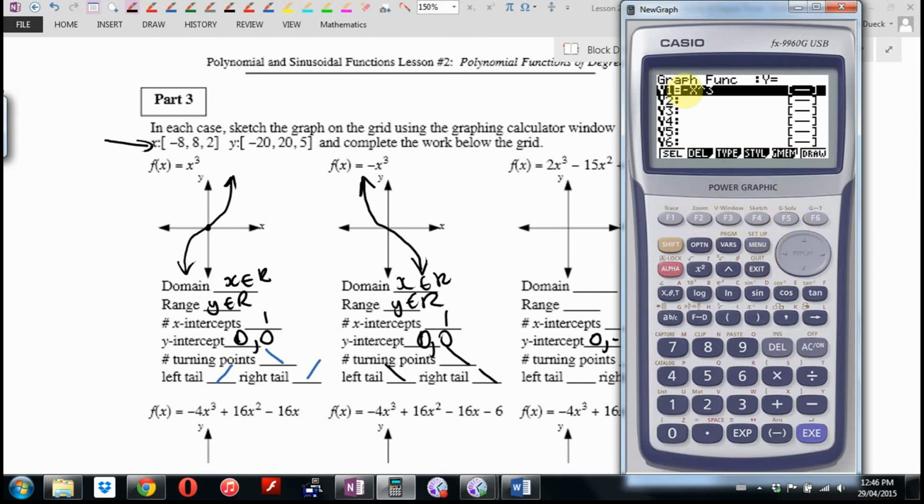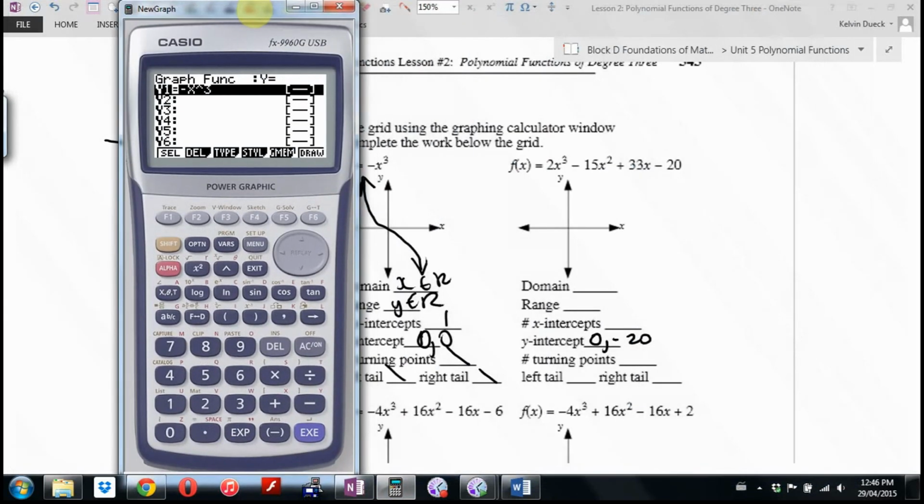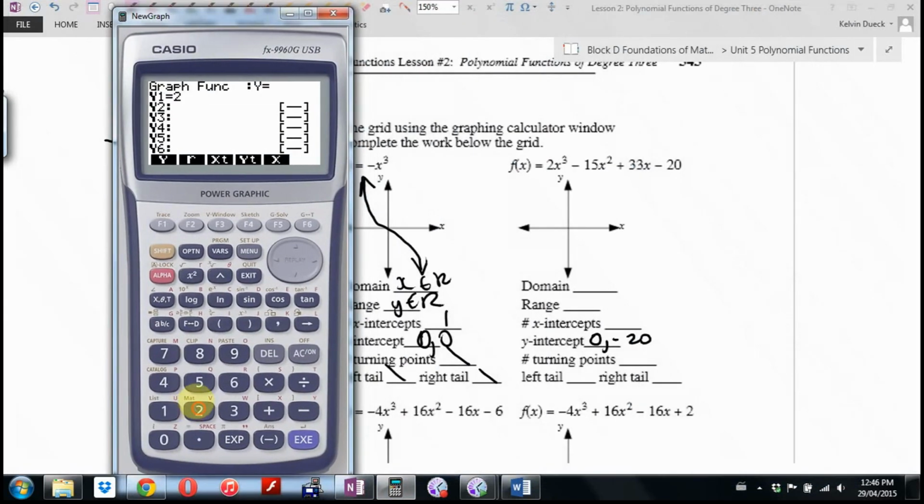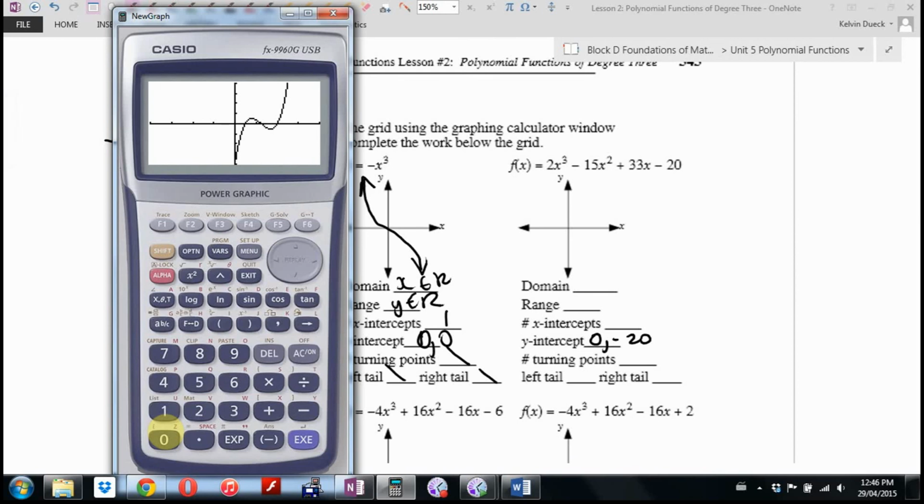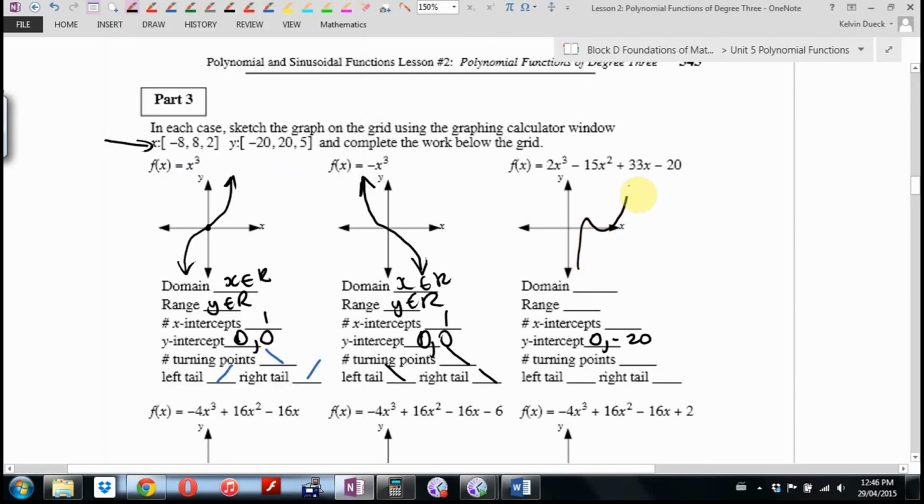I need to move this over so I can see the graph. 2x cubed minus 15x squared plus 33x minus 20. Okay. Like this. Let's exaggerate that a bit.